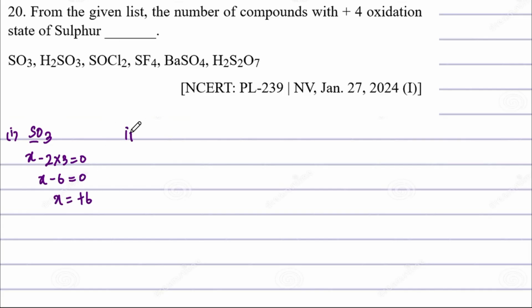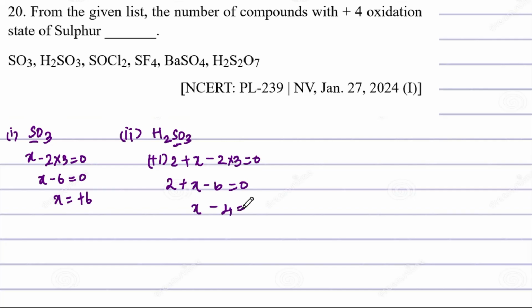Now we will go to the second compound, H2SO3. So +1 into 2 plus the unknown element X minus 2 into 3 equal to 0. So 2 plus X minus 6 equal to 0. So the value of X is +4. So the oxidation state of sulfur in this compound is +4.